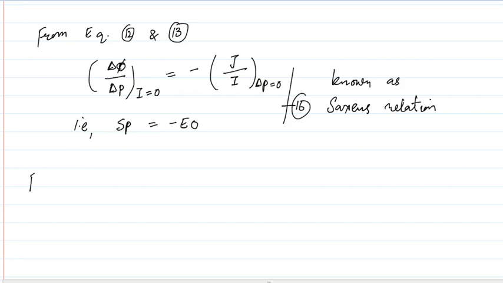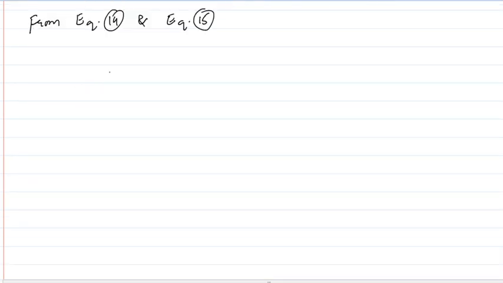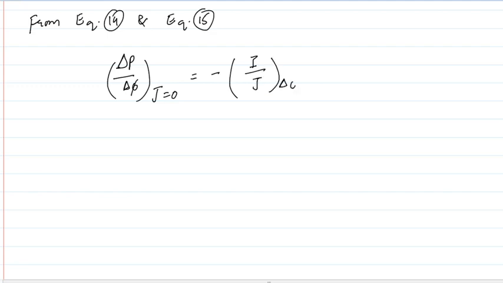Now if we compare equation 14 and equation 15, we get delta P upon delta phi when the flow of matter is equal to 0 is basically equal to minus I upon J at delta phi equal to 0.